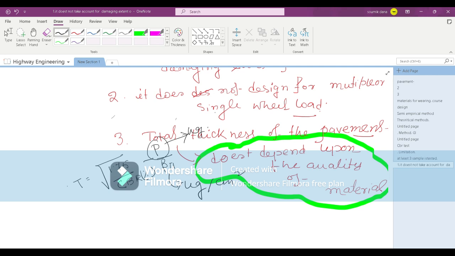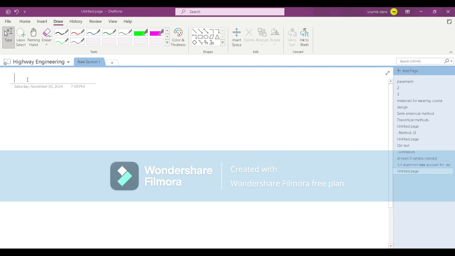Now let us try a mathematical problem to understand it better. There is a table given.